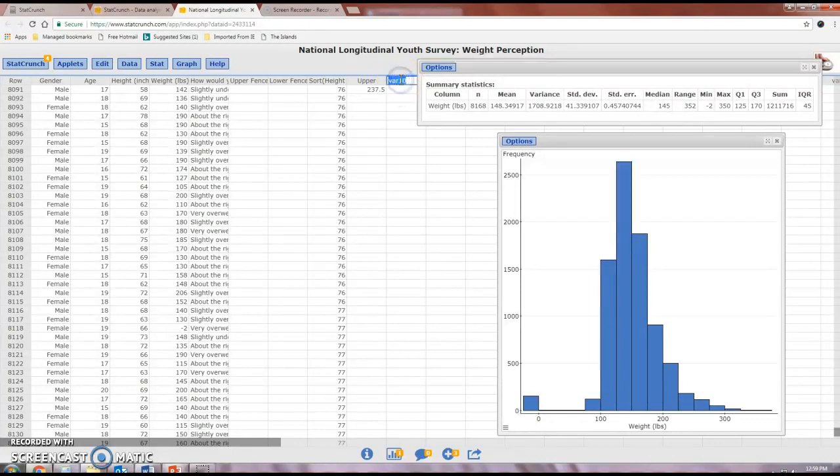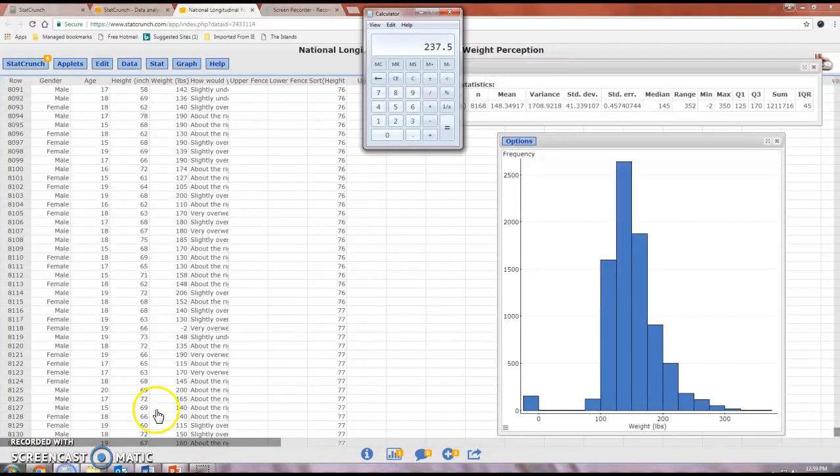This is going to be the lower fence. I have to take Q1 minus 1.5 times the IQR. Q1 is 125, minus 1.5 times IQR.